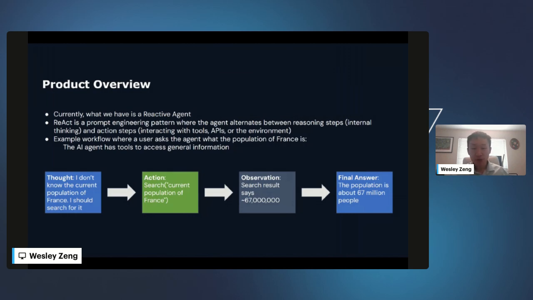And this general information tool will return and say that the result is roughly 67 million people. And from there, the agent can decide whether to continue to call other tools, or it'll decide in this scenario that the answer is satisfactory, and it'll give the user the final output that the population is about 67 million people.